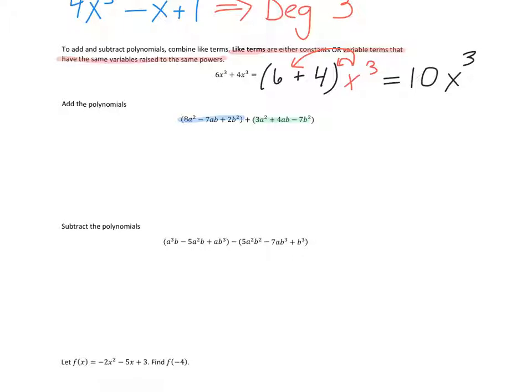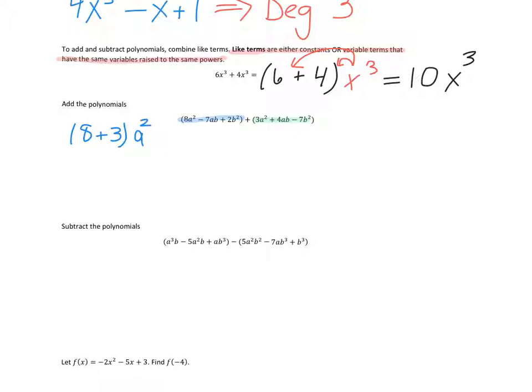So when we're adding, and there's no number in front of the parentheses, the parentheses just kind of disappear. And we can just focus on combining like terms. So the a squared, we're going to do just the 8 plus 3. And I'll write out every single step right now. You guys won't be doing this in your homework. You'll just write 11 a squared. But just because this is our first time really talking about it, I'm going to write out every step.